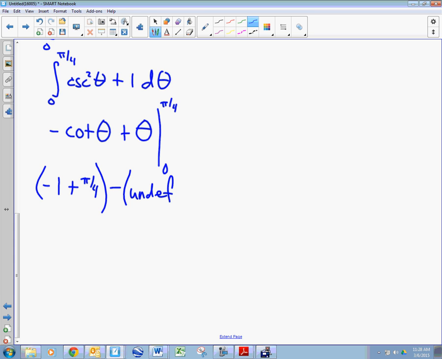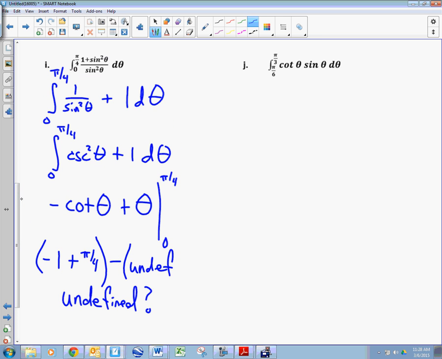If you have anything that comes up as undefined, we would say the whole expression is undefined. We do not know what it is. And we have a way of dealing with these type of integrals later on in calculus too. But for right now, as you look at this, that 0, what is the sine of 0? 0.